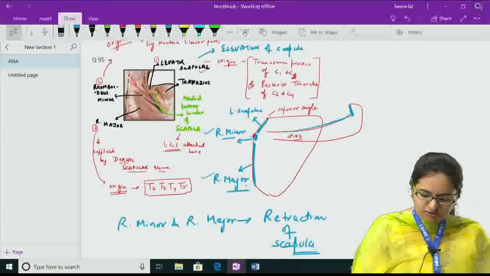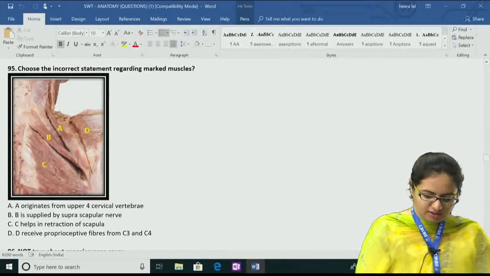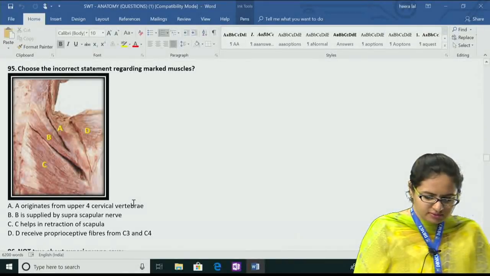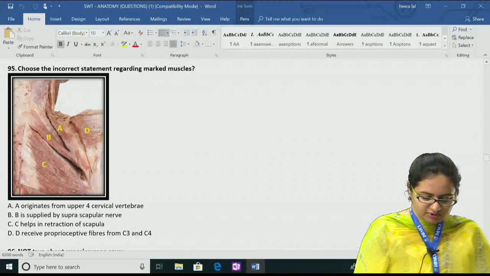So if we go back to the question, it says we have to choose the incorrect statement. Option A says it originates from the upper 4 cervical vertebra. Yes, this is correct because the levator scapulae originates from the upper 4 cervical vertebra. Then B, the rhomboides minor is supplied by the suprascapular nerve. It is wrong because it is supplied by the dorsal scapular nerve.